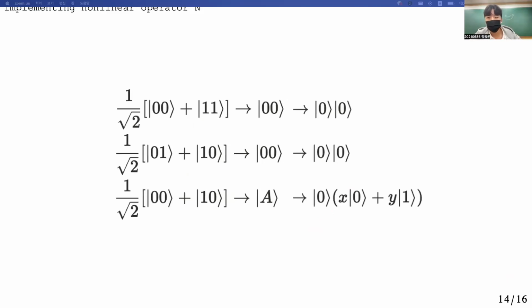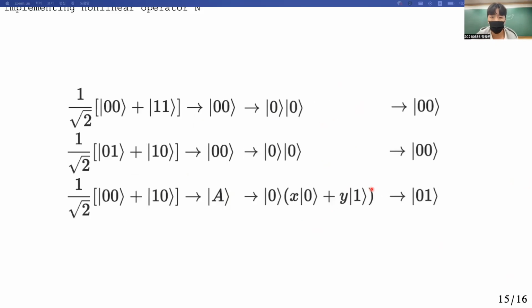Whatever the state A may be, we can perform a unitary operation that will transform the first qubit into the pure state 0 while leaving the state 0,0 in place. The computer is then in one of the following states. A second nonlinear gate N-hat plus is now required that will map the states x0 plus y0 to the state 1, while leaving the state 0 unchanged.